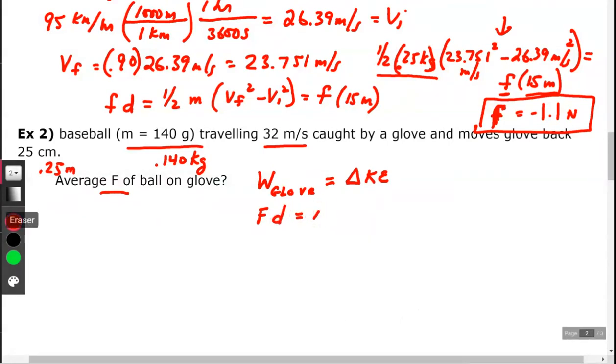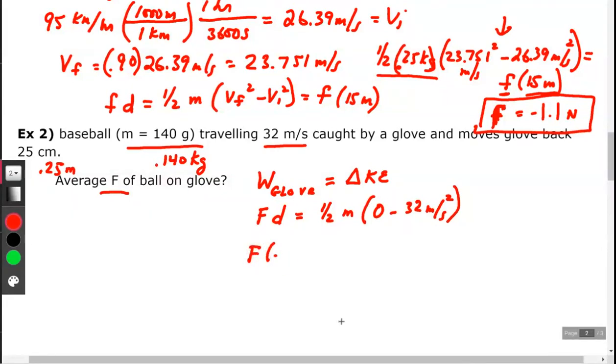So what's that? That is 1/2 m. Now the final velocity is 0 because it stops the ball, but the initial was 32 meters per second. That's squared because it's 1/2 mv squared. So, okay, the force of the glove is what we don't know.